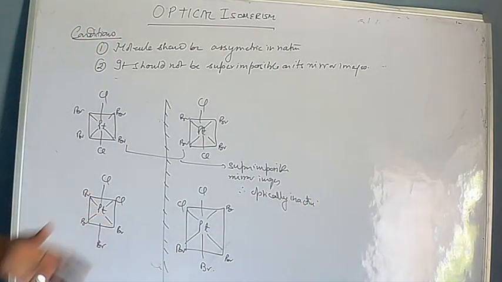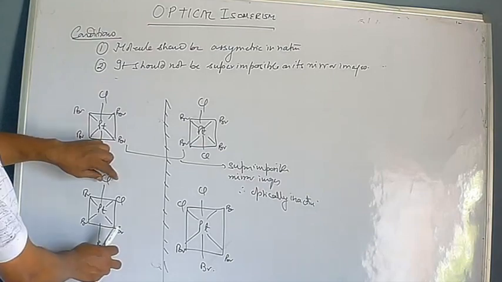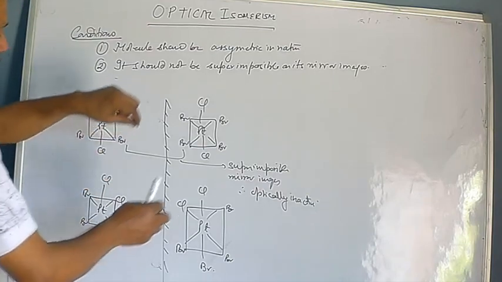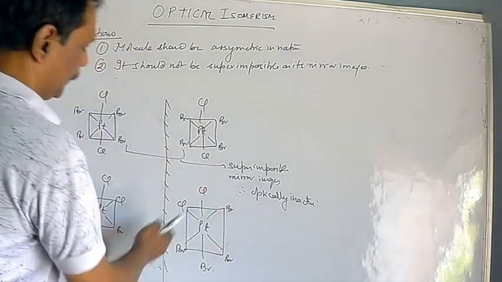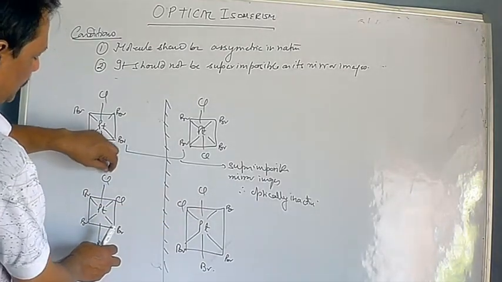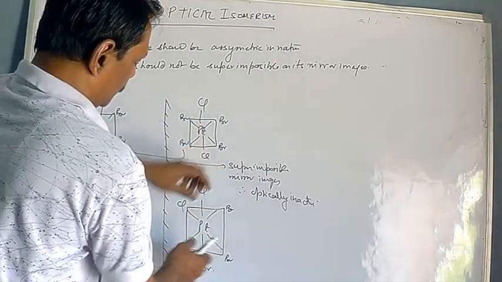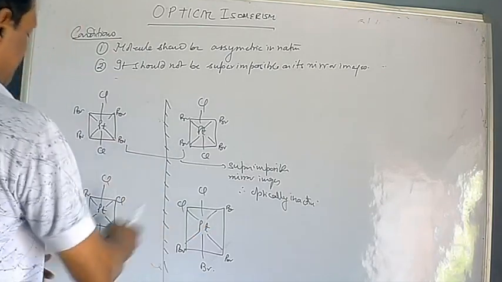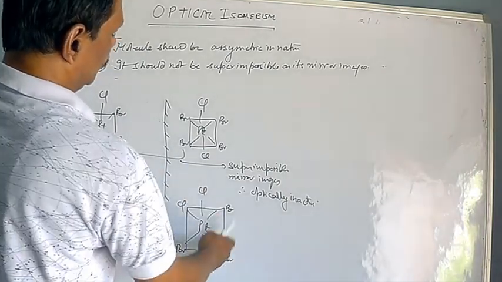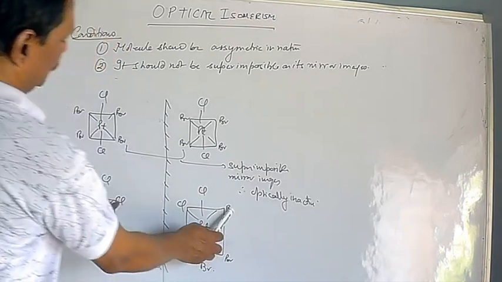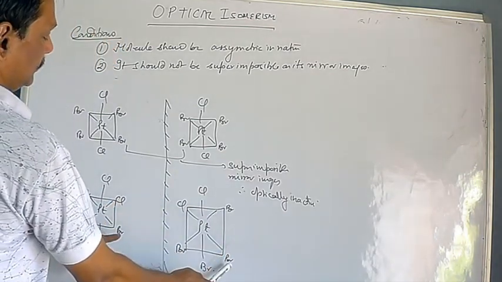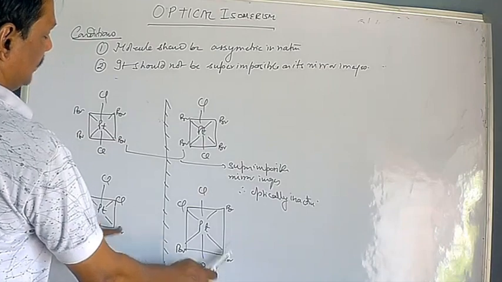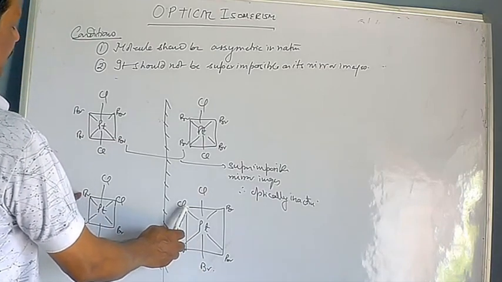Now class, let us take the second one. If I again take Cl-Pt-Br out and put it on the mirror image of Cl-Pt-Br, we find that Cl-Pt-Br and Cl-Pt-Br are on the same line, but on this Br we are finding this Cl. Br matches, but on this Cl we are finding Br.